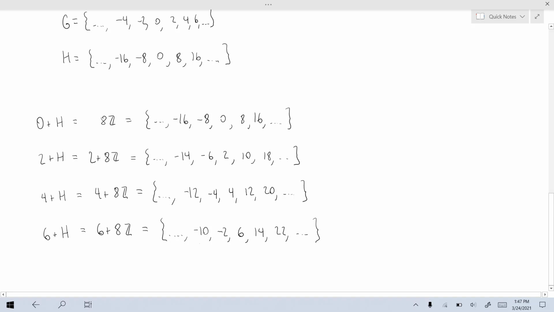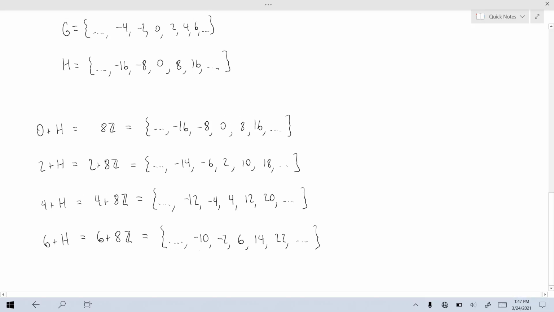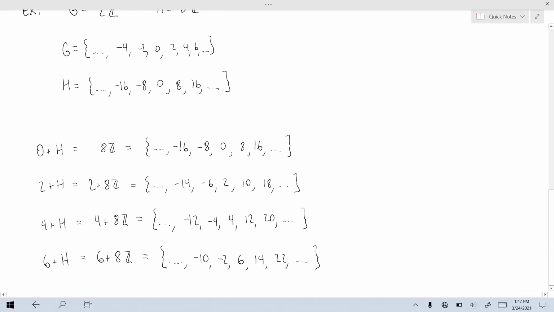So do we have all of the cosets now? So looking at the cosets that we have listed, notice that now we do have all of the even integers. Okay? We have 0, 2, 4, 6, 8, 10, 12, 14, etc. You know, we have -2, -4, -6, -8, etc. So now that I see that we have all of the elements of our group accounted for, that tells us that we have found all of the cosets of H in G. Okay?